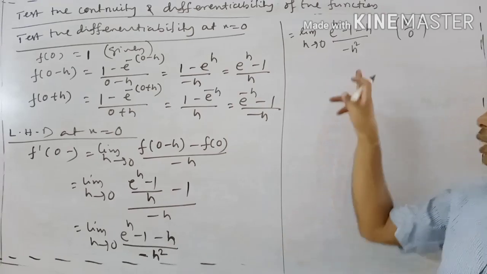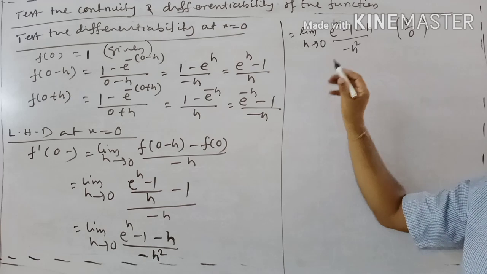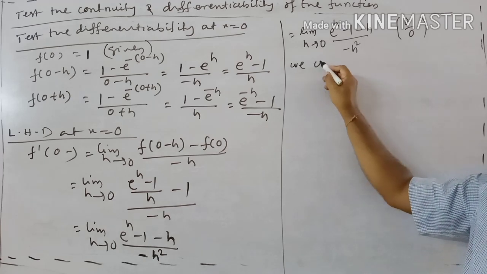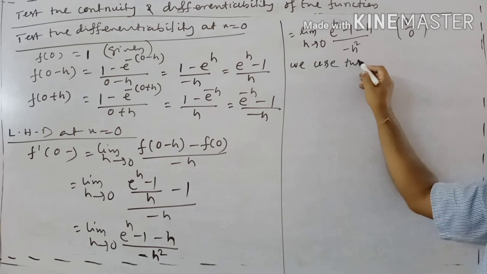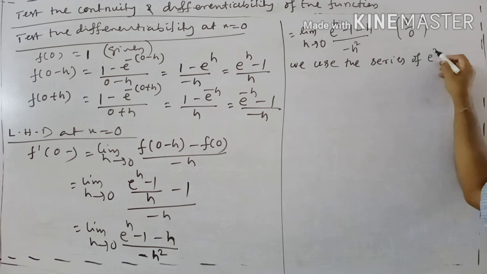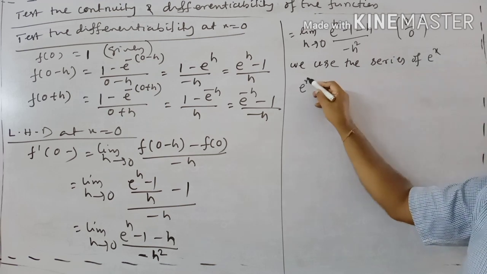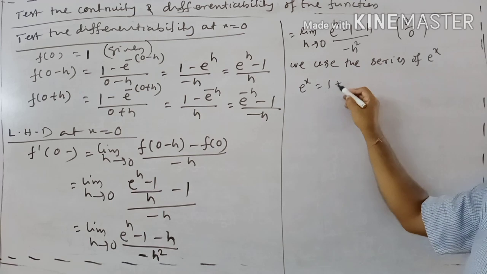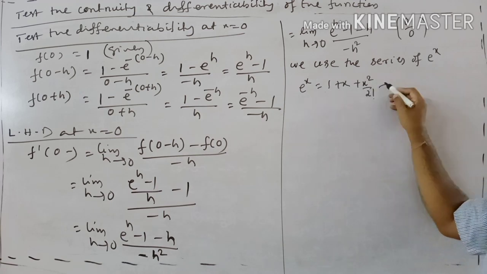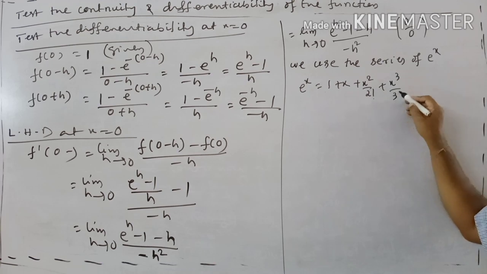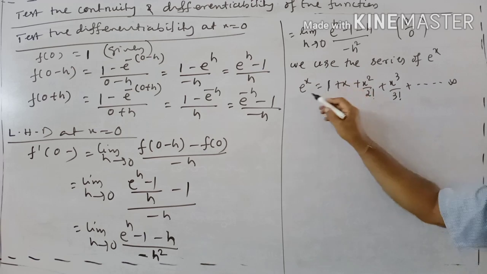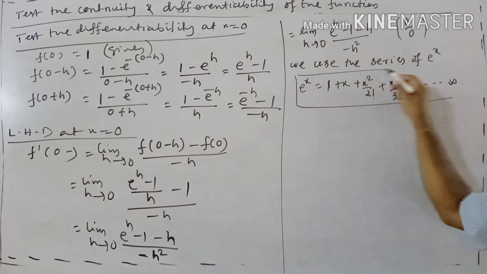But in this case there is no formula, so we use the series of e to power x. e to power x means 1 plus x plus x square by 2 factorial plus x cube by 3 factorial plus up to infinity. This is the series of e to power x.